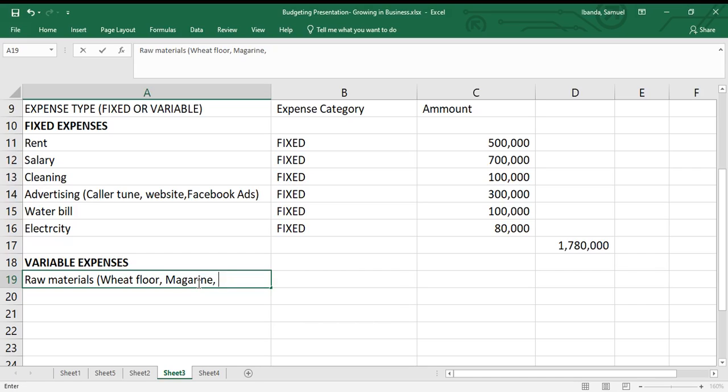You can go ahead to look at sugar. You can also break them down, or do a single line for them, depending, but make sure that whatever your raw material is, you include it there, and that you also add the respective amount. So that's important.